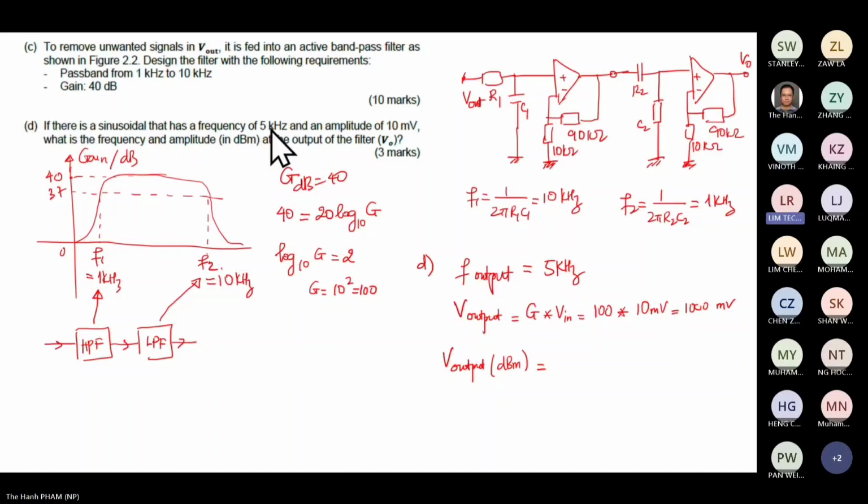So 20 log V output over V input. 20 log of the V output in millivolt. So this one is 60 dBm. So you will see for this paper, it's not difficult.